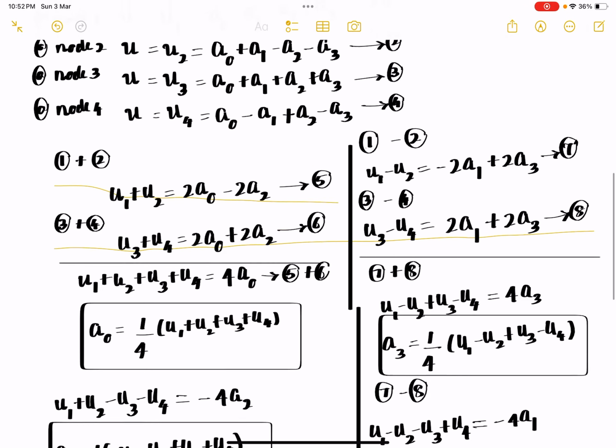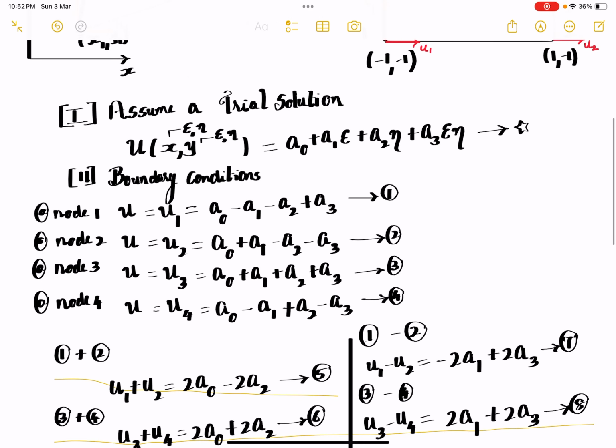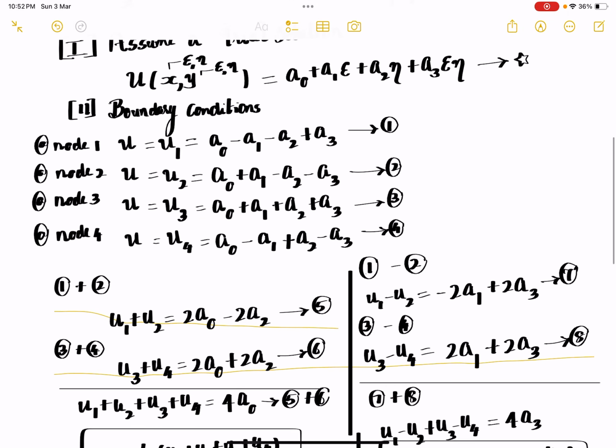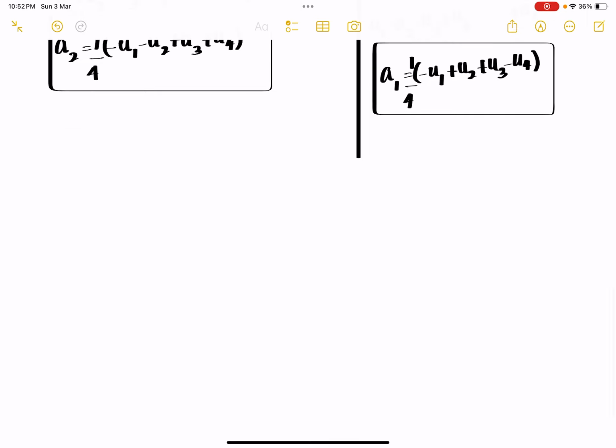Now all I have to do is take the values of A0, A1, A2, A3 and substitute them in the star equation here. Remember the star equation. That is step number 3, because I have solved all the equations in step number 2 by applying the boundary conditions.